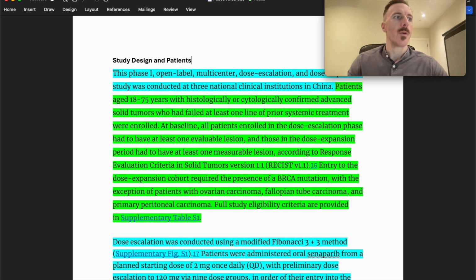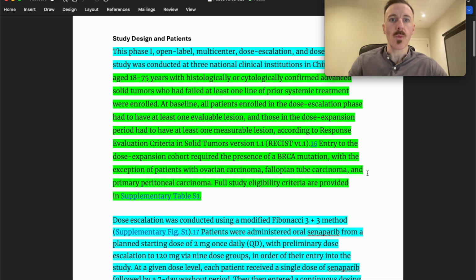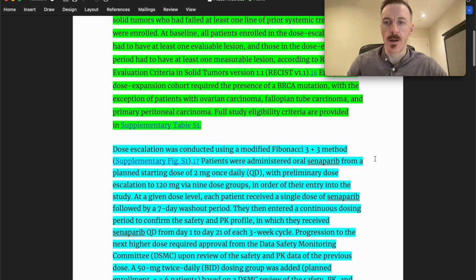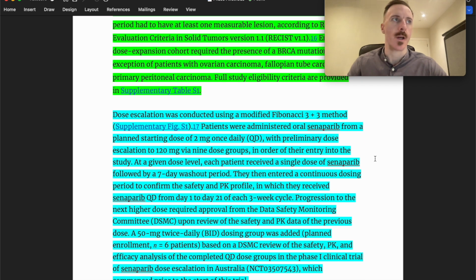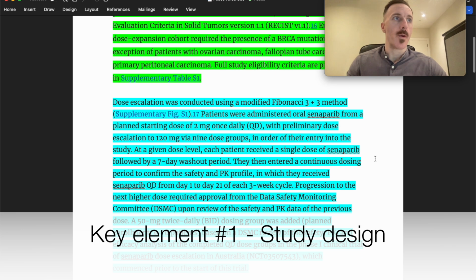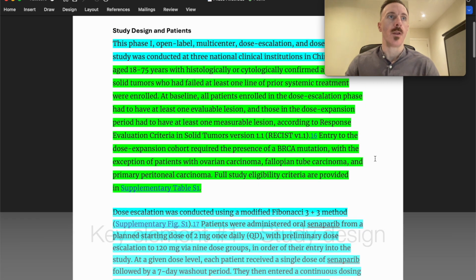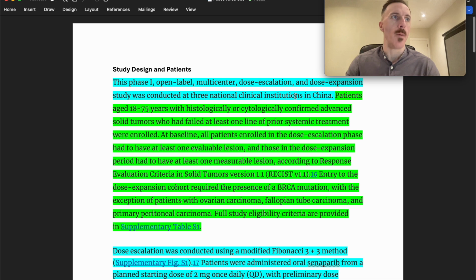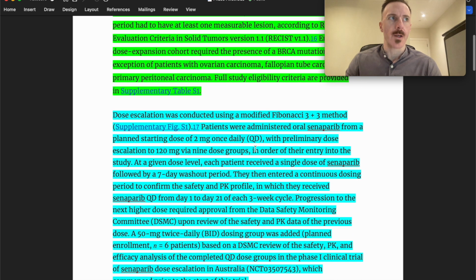Okay, so once we've described the eligibility criteria, we next need to get into the actual study design itself. In this paper, the overall study design is appropriately referred to in the opening sentence of the methods section. Then the patient eligibility criteria are described, and now we're back to the study design section.